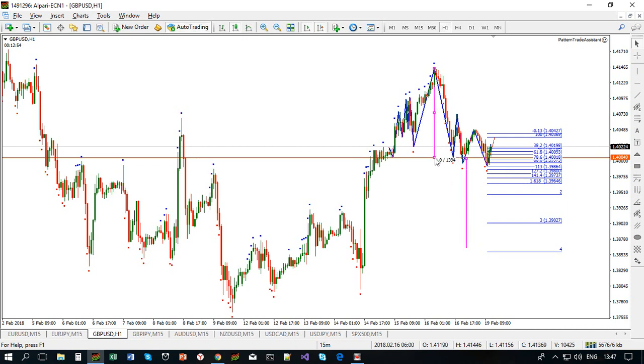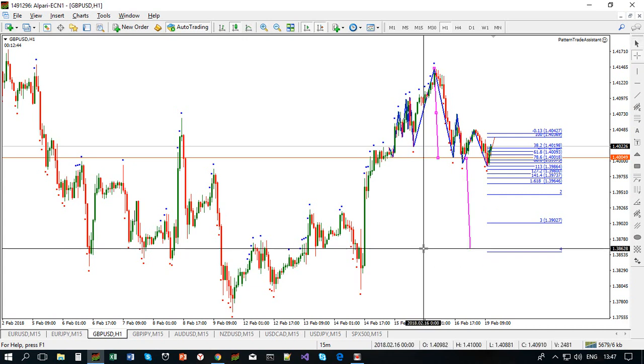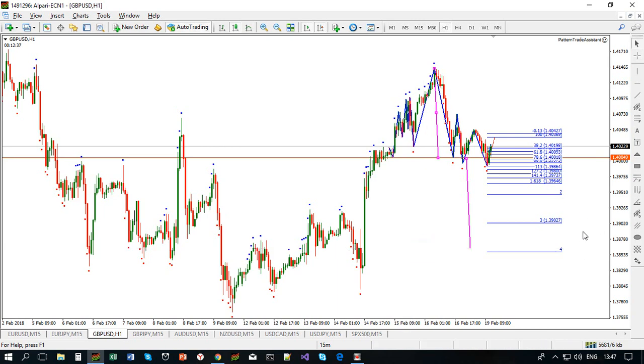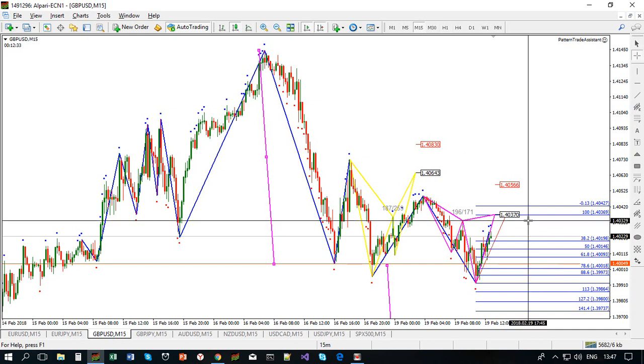By the way, it doesn't matter if you draw it horizontally, vertically, or you slightly move it. You see it is still showing the same line. So the projection is 38.6 and 2.8. I won't take these large targets. I will stay a bit more conservative.